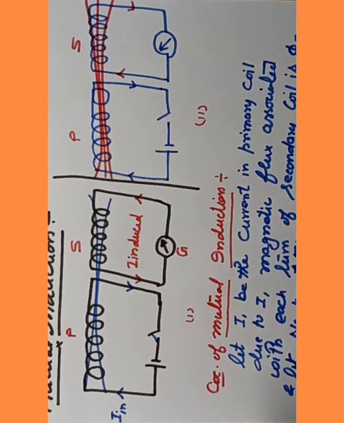Then the total magnetic flux linked with the secondary coil is N2 phi 2. This is proportional to the current I1 flowing in the primary coil.